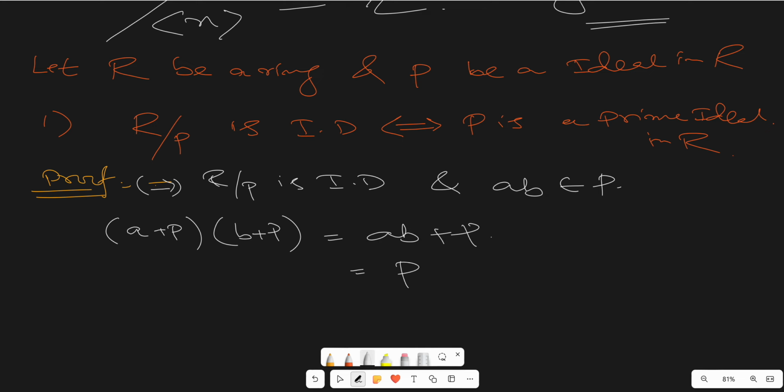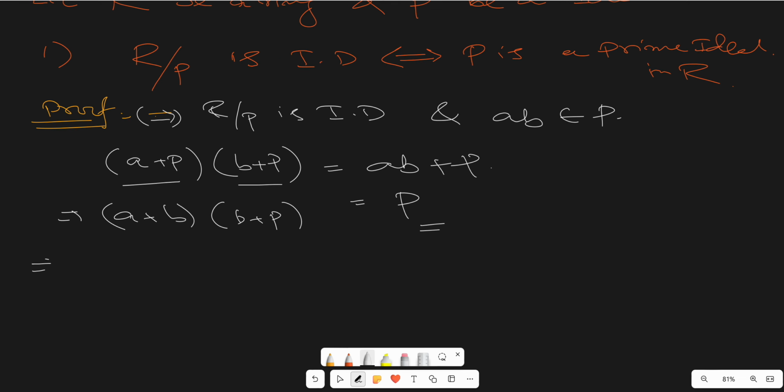Can't you see? This is a zero element, right? So (A plus P)(B plus P) is P. This implies it has no zero divisor; this is an integral domain. There are two elements and their product is still giving us 0.